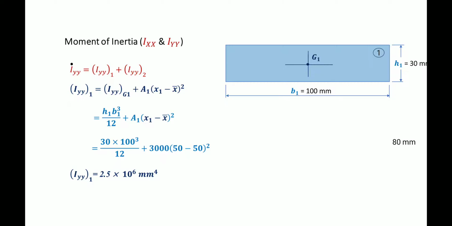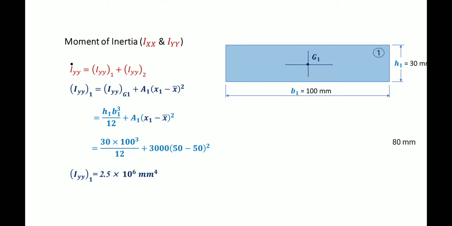For yy it is x1 minus x bar. This Iyy formula we already know. Ixx is b h cube by 12, so Iyy means h into b cube by 12. That's all. H 30 into b 100 cube by 12 plus A1 into x1 minus x bar the whole square, already found. So we find the value of Iyy1.